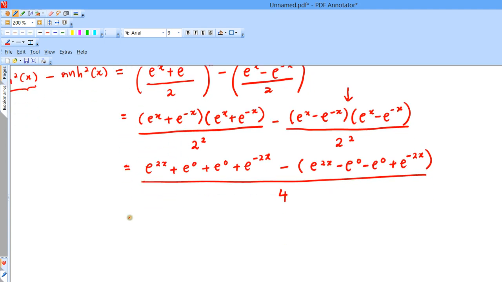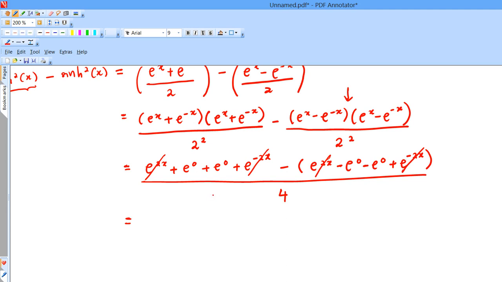Next we can simplify numerator. You can cancel out the first term e power of 2x, and then we can cancel out e power of negative 2x. So e power of 0 actually equal to 1.